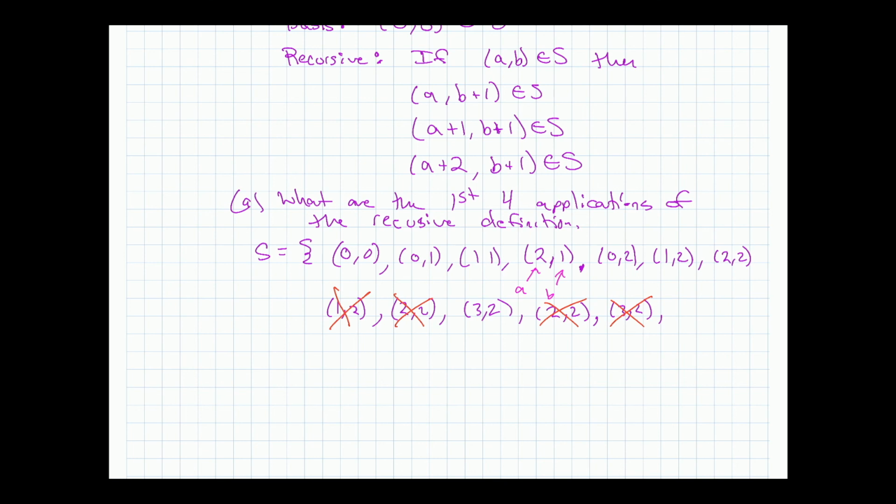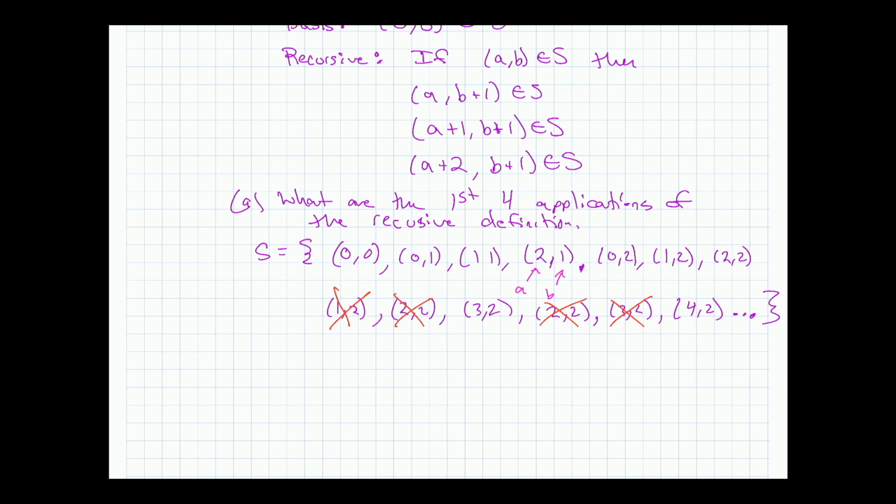And (A+2, B+1) is going to be (4, 2), like that. And of course, it keeps going. All that stuff is in the set. So you just repeatedly apply those rules and you get more and more stuff that is in the set.